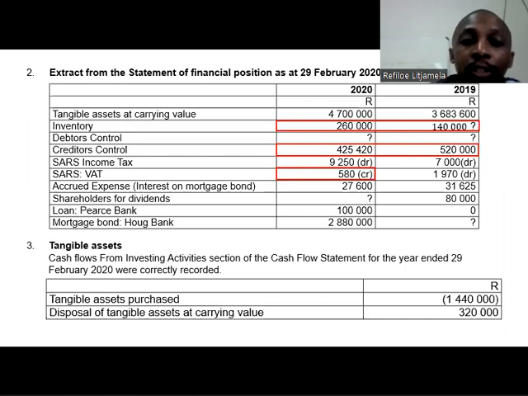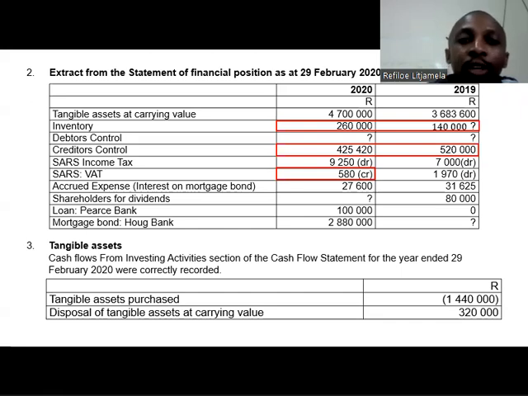Sales is actually not sales income tax, it's sales and VAT, which is on the credit side. Because it's on the credit side, I know that it will go to trade and other payables. If it was on the debit side, like it was last year, obviously, it went to trade and other receivables, because when it's on the debit side, it represents what is due to us. If it's on the credit side, it is what is due to SARS. So we owe SARS that 580.